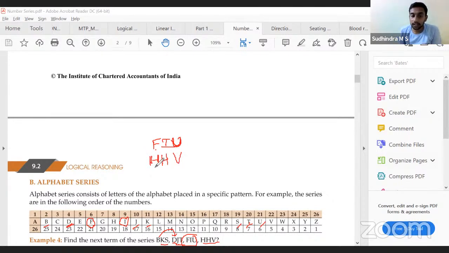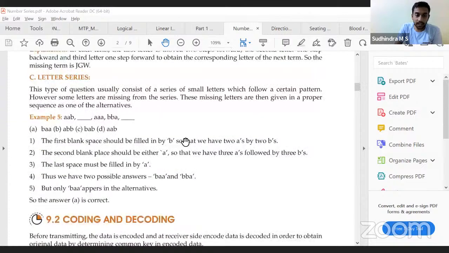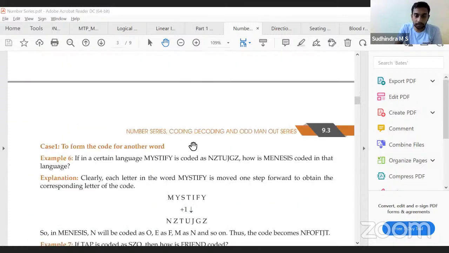H becomes J, 2 steps forward. This H becomes G, 1 step backward. V becomes W, 1 step forward. So JGW is the next pattern in that set. Clear? Everyone understanding? Yes, sir.